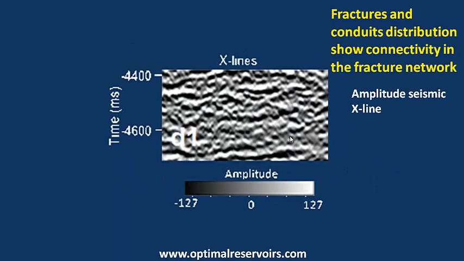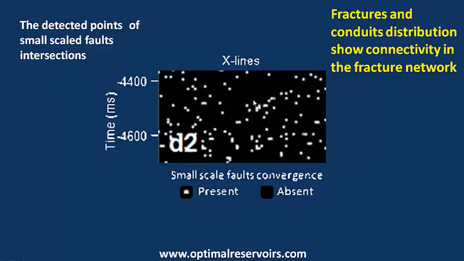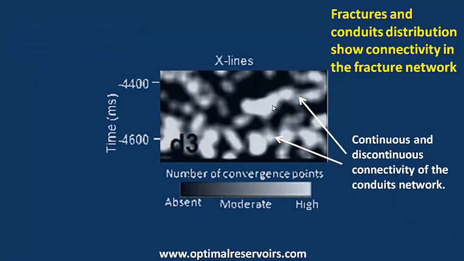And another example for the networking and connectivity, the points of intersection calculated. As you can see here, here is disconnected, connected, so it's very good. This is high, less, absent.